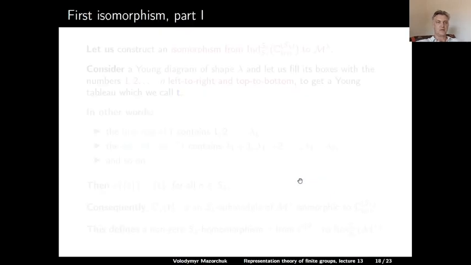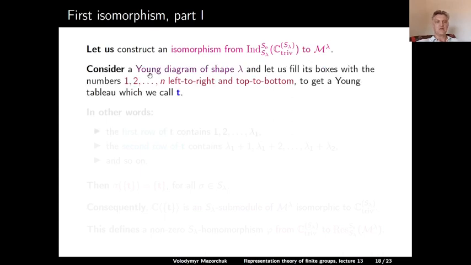Okay, so let us prove the first isomorphism. So let us construct an isomorphism between the induced module from S lambda to Sn, so the induced trivial module, to the permutation module M lambda. Consider a Young diagram of shape lambda, and let us fill its boxes with the numbers 1, 2, and so on up to n, in the order left to right and top to bottom.